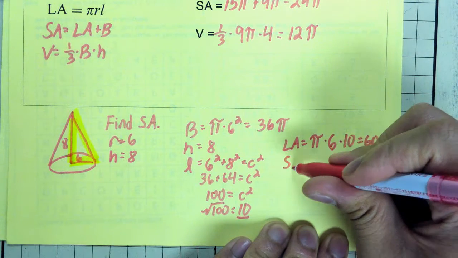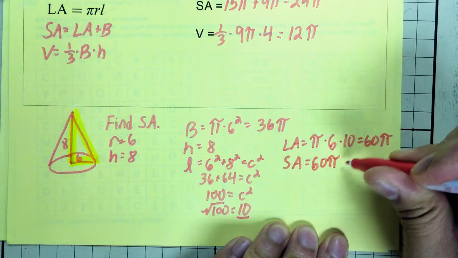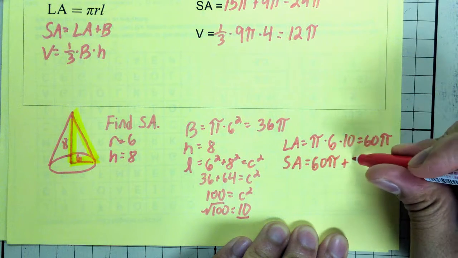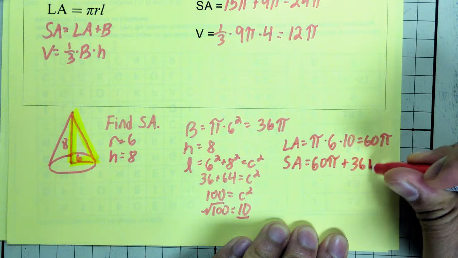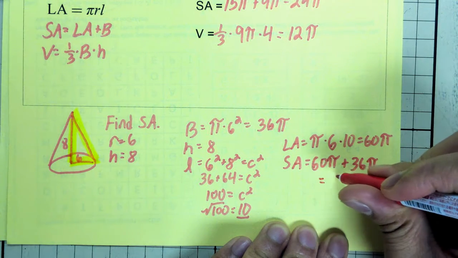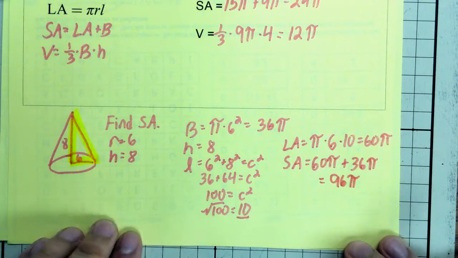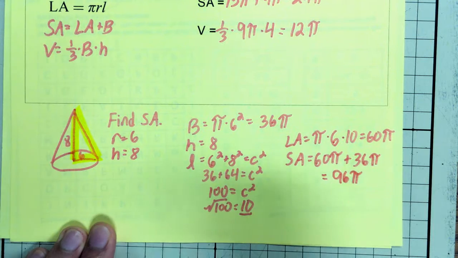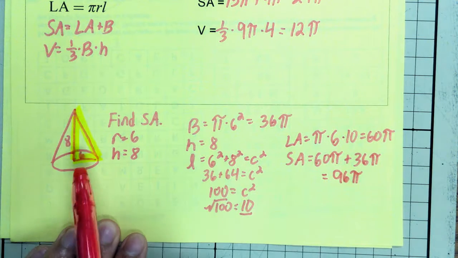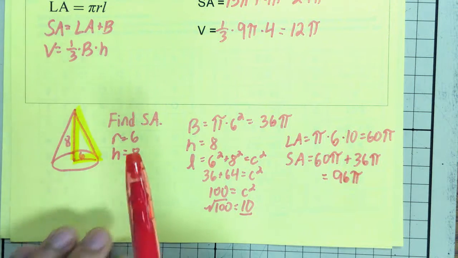And finally, surface area equals my lateral surface area, 60 pi, plus my base of 36 pi to get 96 pi. So that's the last thing I wanted to show, that for some of these problems we can use the Pythagorean theorem to find our missing pieces.